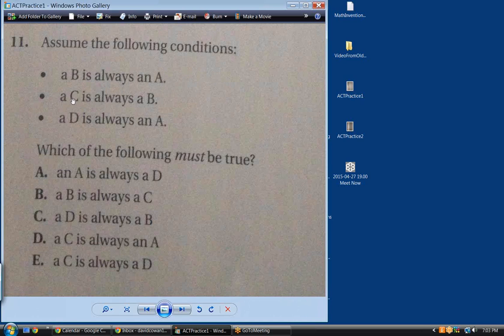Yeah. So a C is always an A. It's kind of like saying B is equal to A, C is equal to B, therefore C is equal to A. Although not quite, because these aren't equals. The key really here is to know that the answer has to be one of these three letters. You can never go the other way. Okay.